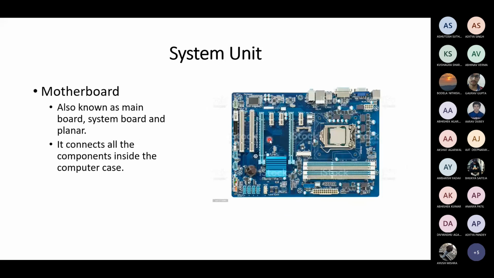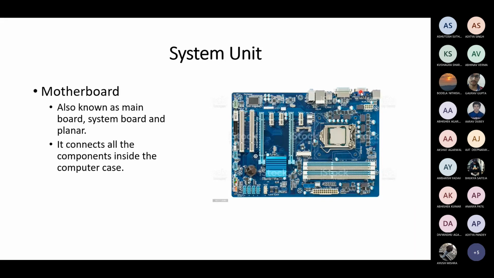A motherboard will look like this. This is also called a main board, system board, or planar. In the motherboard, you got a processor, where you will execute your instructions. You got a RAM slot here, where you will keep your RAMs. There are various input output devices you can connect. You can connect a monitor through this VGA cable.